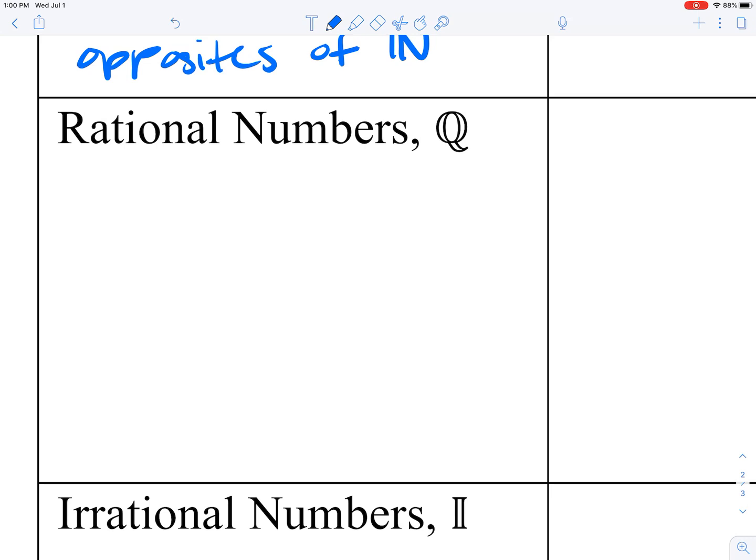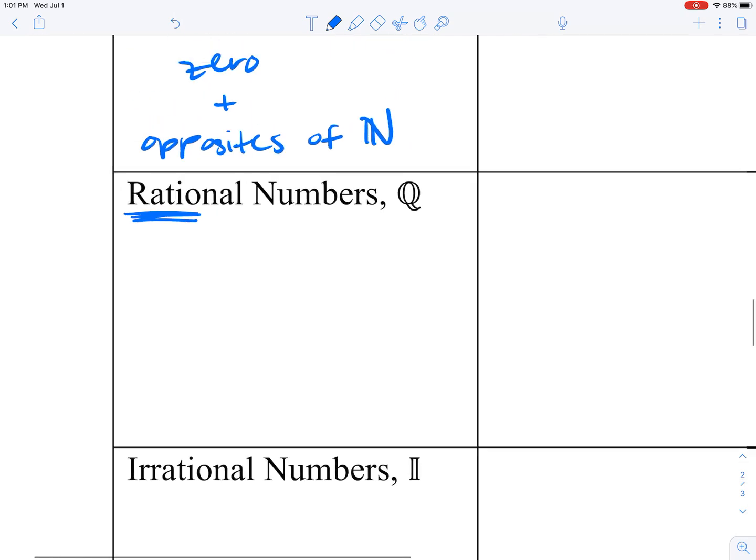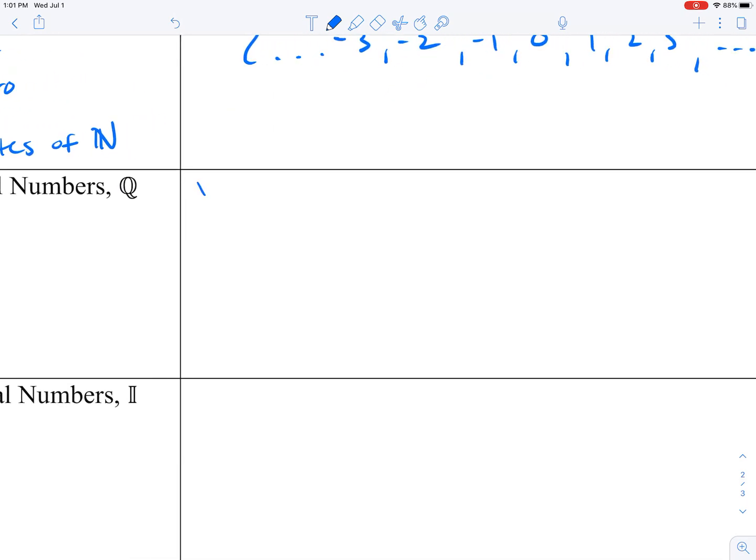Okay, continuing on, let's look at the rational numbers next. The symbol for the rational numbers is that fancy Q. Notice that in the word rational, we have the word ratio, and we can represent a ratio as a fraction. So I'm going to write this out.